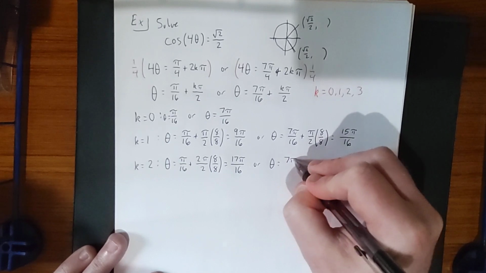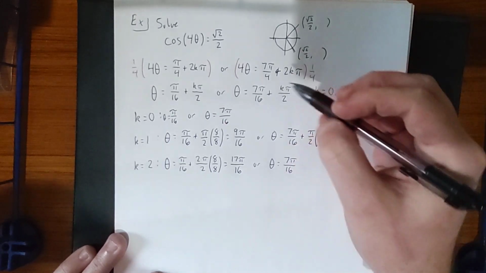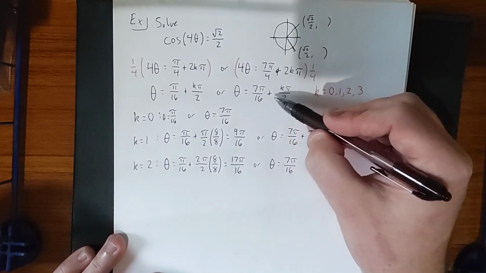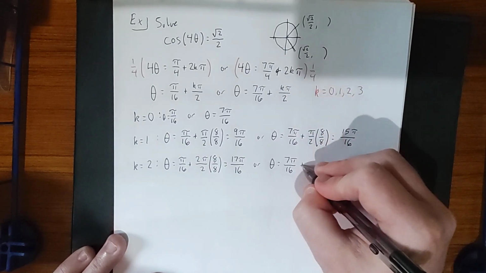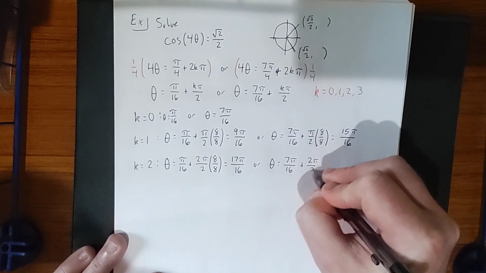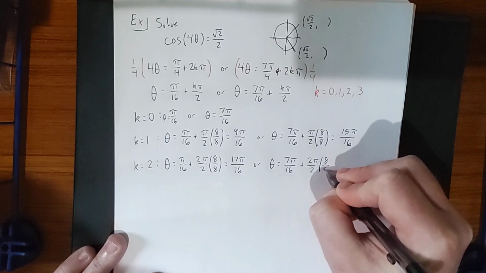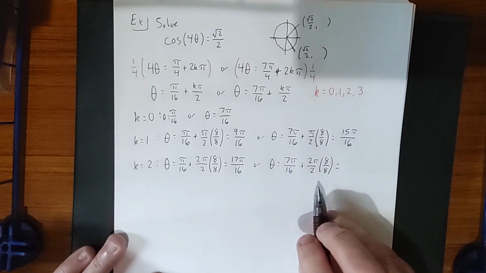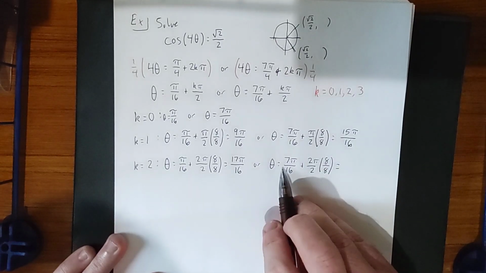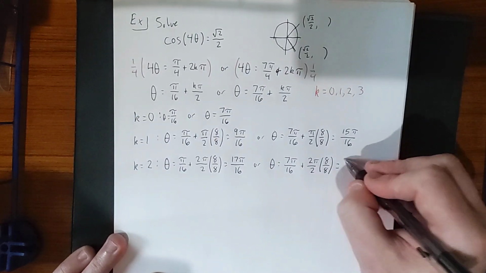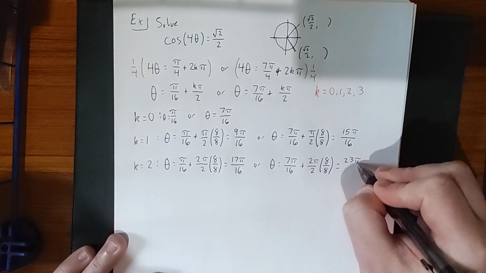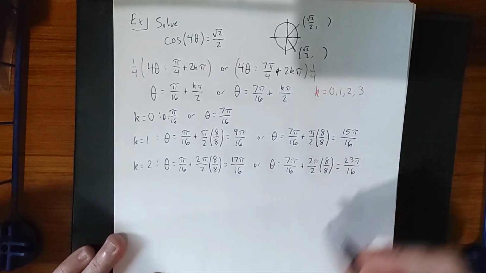Or, doing the same thing for the second solution, the 7 pi over 16 plus 2 pi over 2. We get a common denominator once again by multiplying by 8 over 8 for that second fraction. 7 pi plus 16 pi will give us 23 pi over a common denominator of 16.